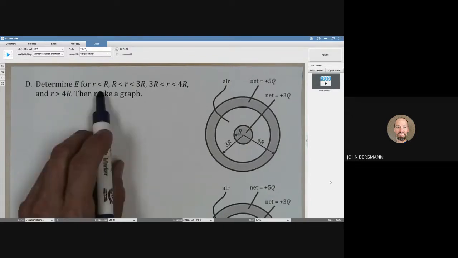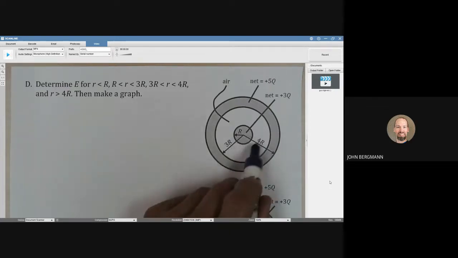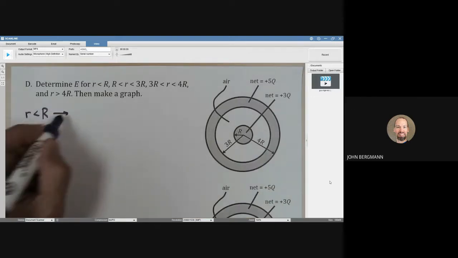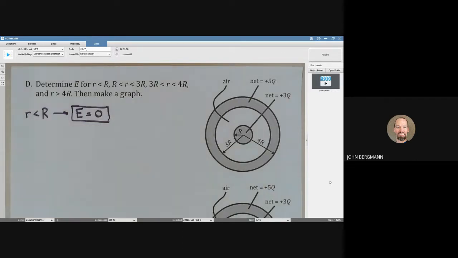First, when little r is inside here, we said that all of the charge on this cannonball is at the surface. So for r less than big R, the electric field has to be 0. Anytime we're inside a conductor in electrostatic equilibrium, that electric field has to be 0.